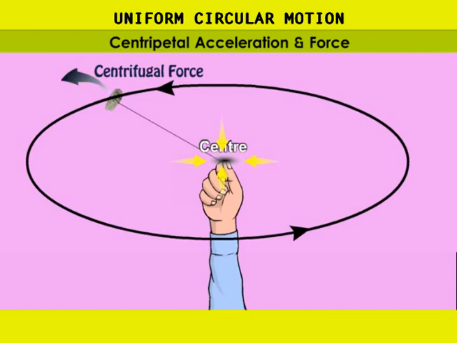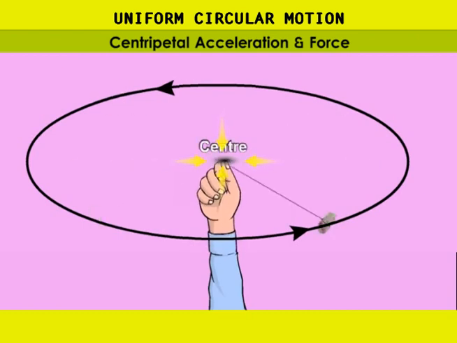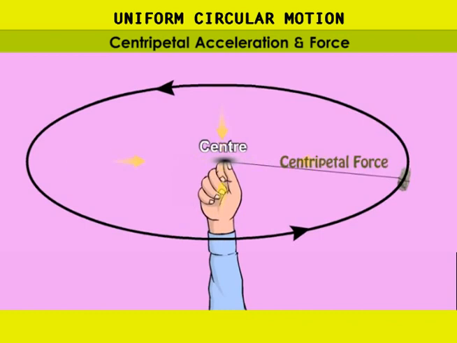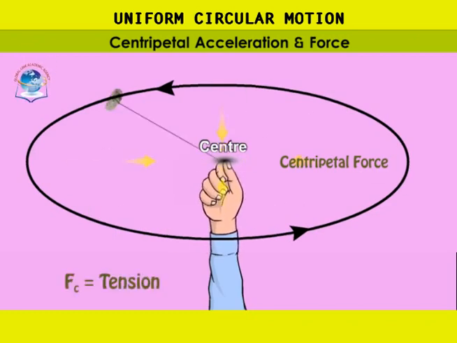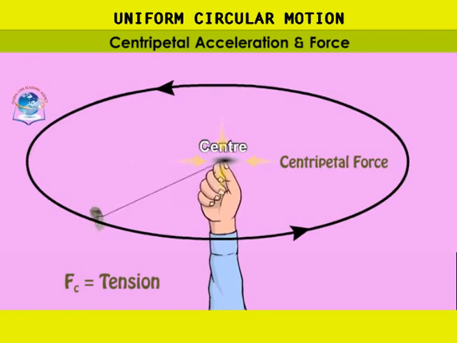The counter force, which you have to apply to keep the stone in the circular path, is called centripetal force. Therefore, when a body moves in a circular path, the force which acts towards the center is called centripetal force. For this case, centripetal force is equal to the tension in the string.